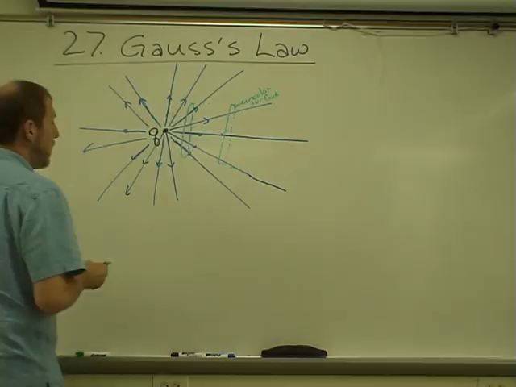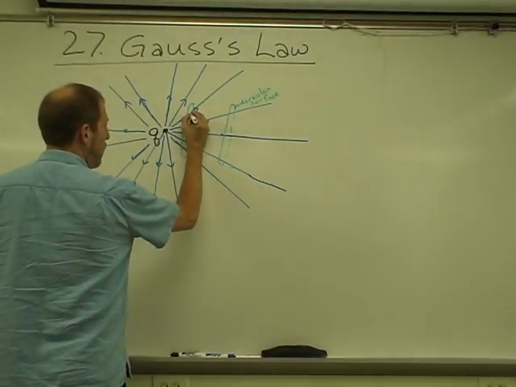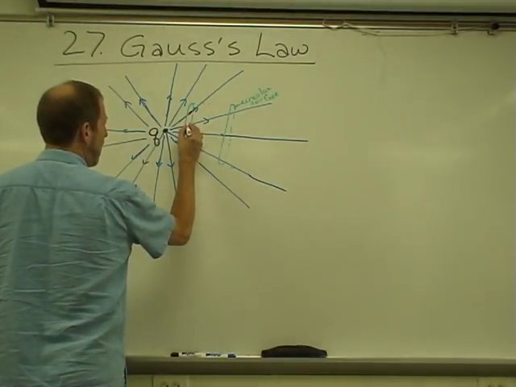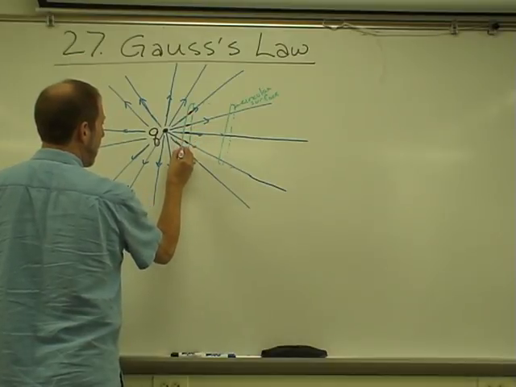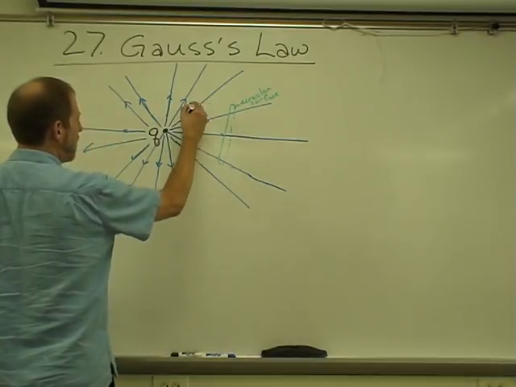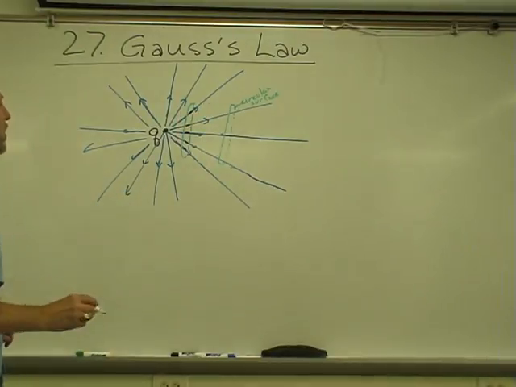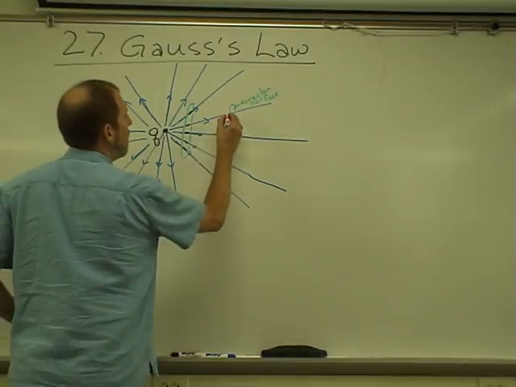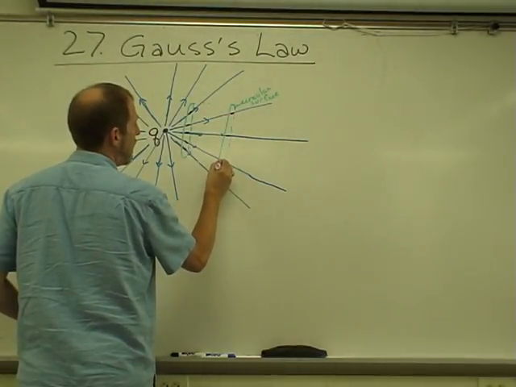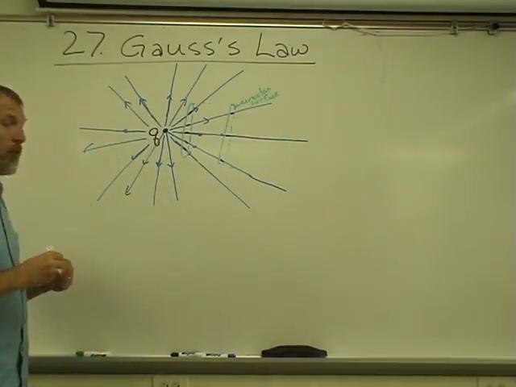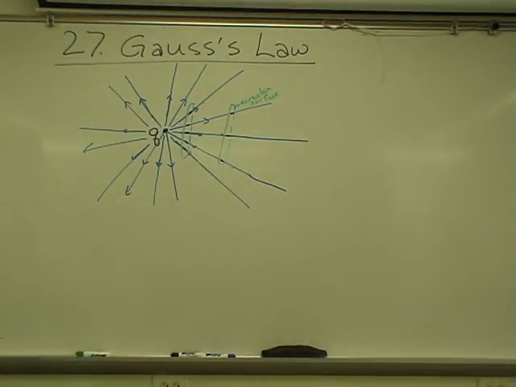Let's look at it like this. If we look at this point, I've got 5 electric field lines passing through the surface at its closest approach. But when I move that surface a little bit farther away, I've only got 3 electric field lines.